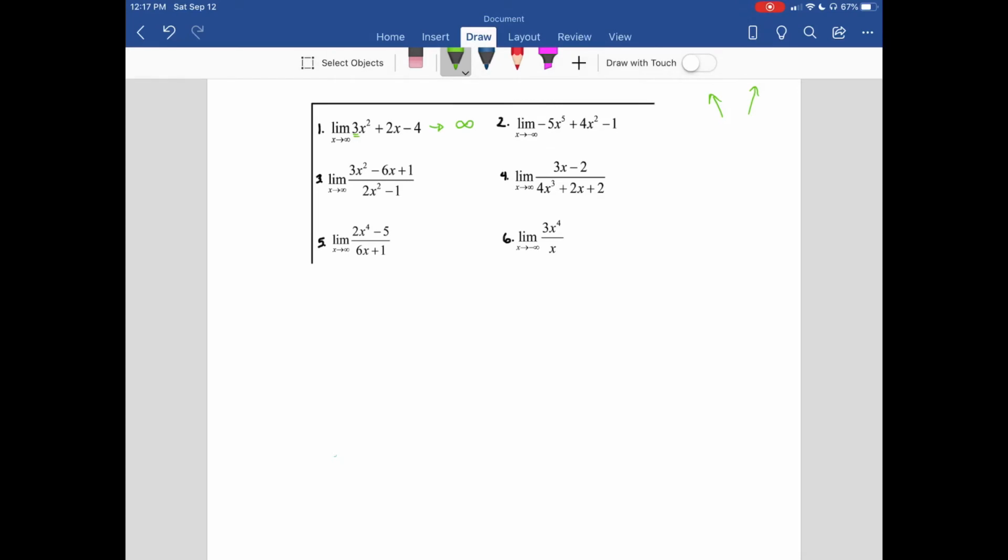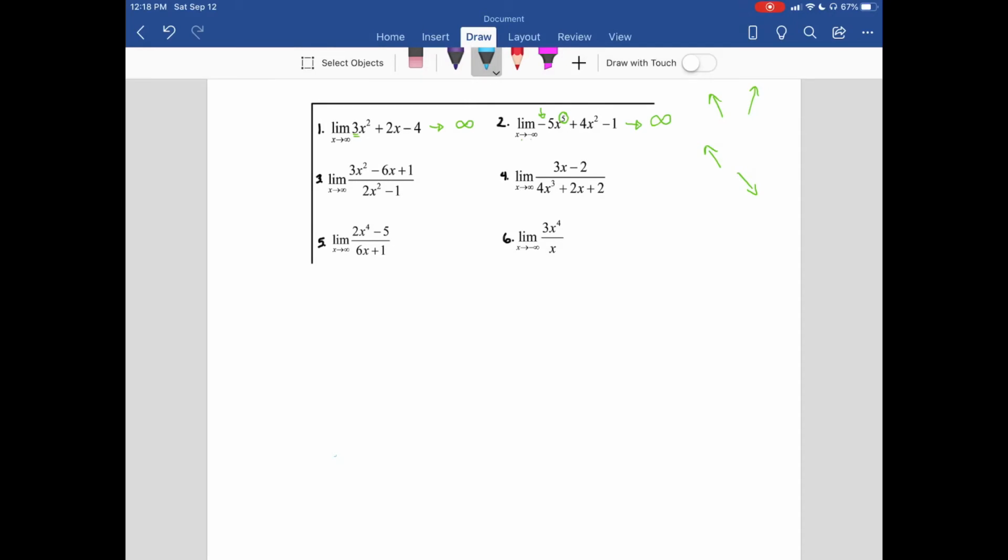Great. So for 2, I have an odd function with a negative leading coefficient. And so for that case, I know that my behavior looks like so. Negative leading coefficient, odd function. So the limit as x approaches negative infinity is actually going to approach infinity.